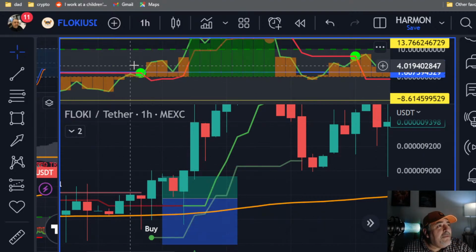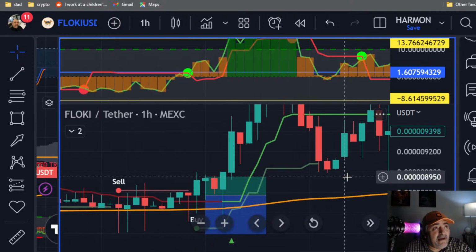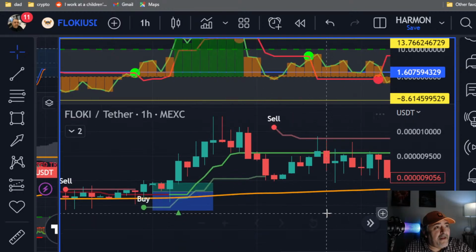So positive green moon, a buy signal, and then the green trend kicks in. We're getting an average of 2%. I'm going to say that's going to happen again, and obviously it does, and that explodes, so that's working out for us.